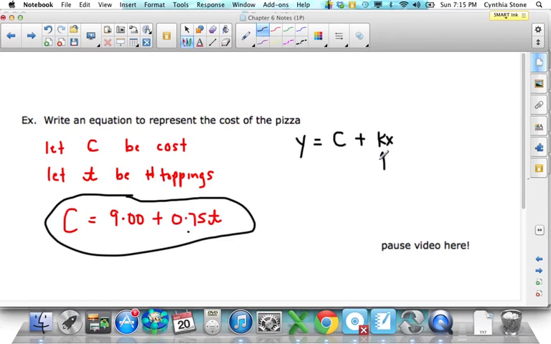So k is the rate of change, and I shouldn't have chosen C. Take it back. I don't want you to confuse it with cost. Y equals, we'll call it B, plus kx. Sorry if I made you erase. So that'll be your vertical intercept. Or you could say it's my fixed cost plus my variable cost times x, whatever.